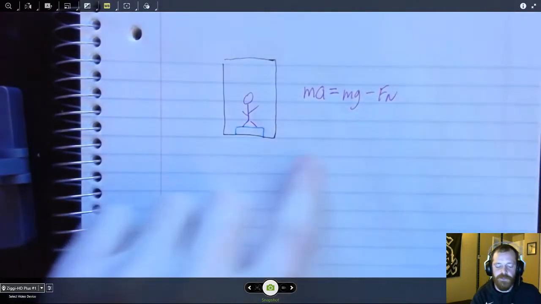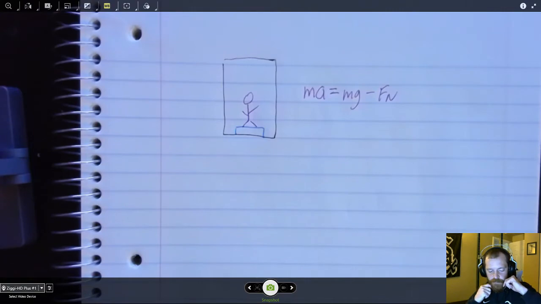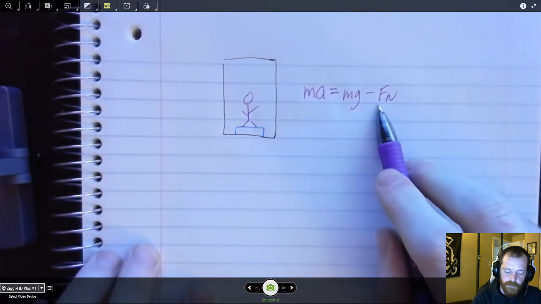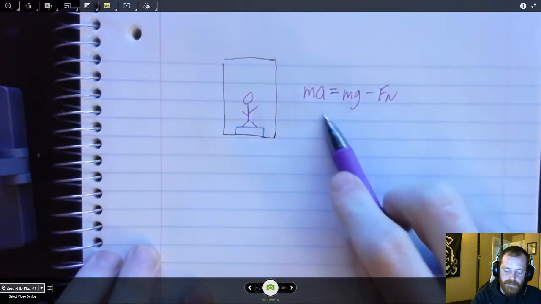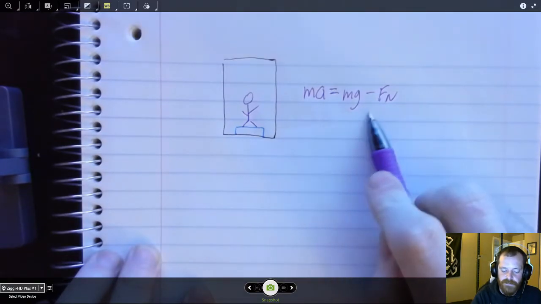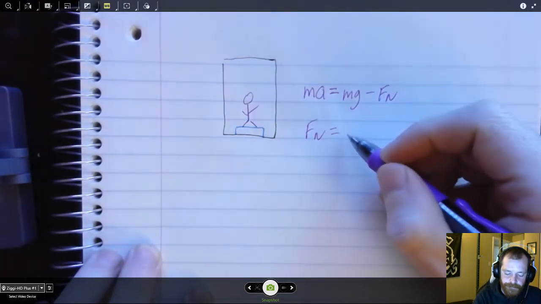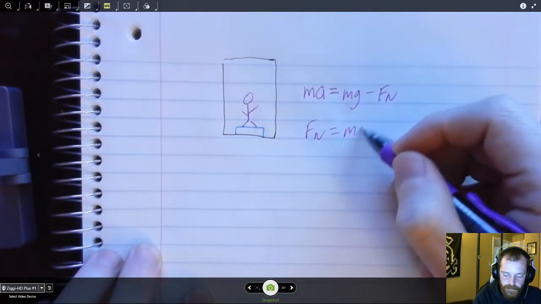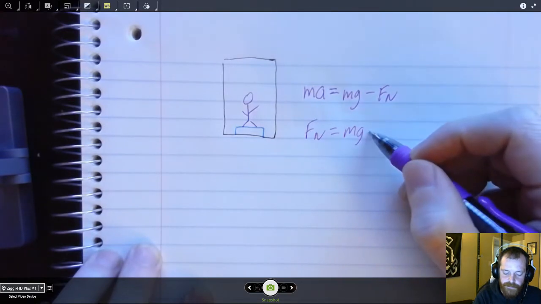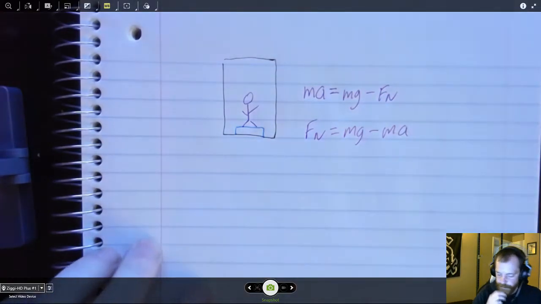And once again, whether you subtract or add here, I guess depends on whether you think up or down is the positive or negative. So if we want to find the normal force, we can add it to both sides and then subtract ma from both sides. So we get the normal force is equal to mass times the acceleration due to gravity minus mass times acceleration.